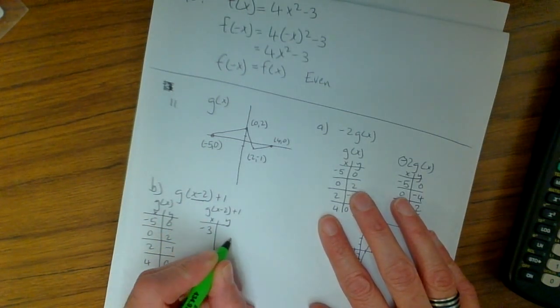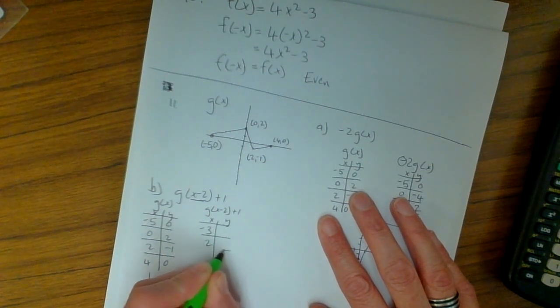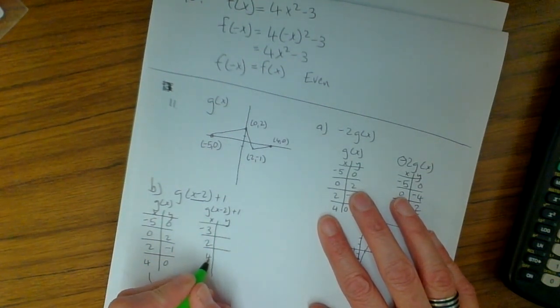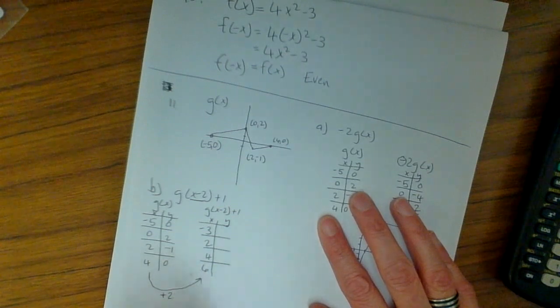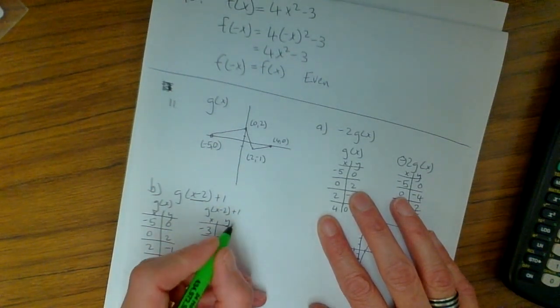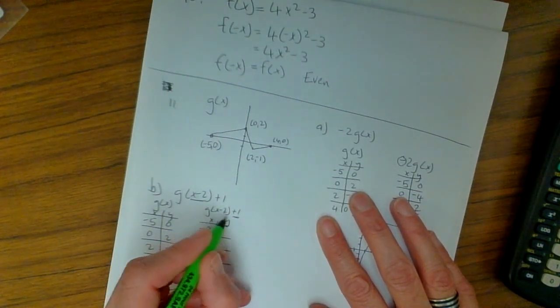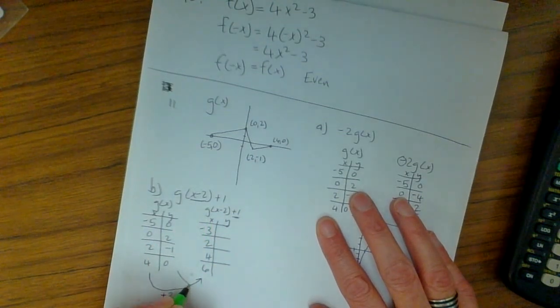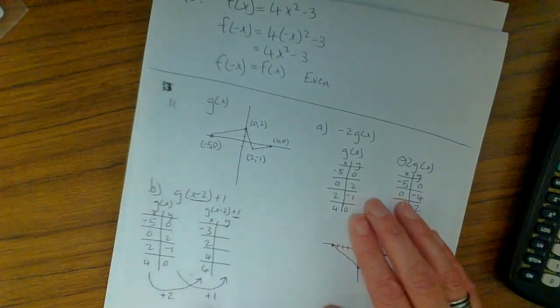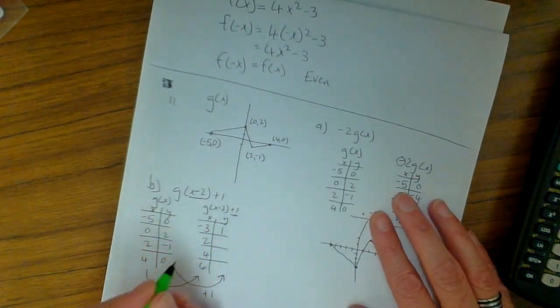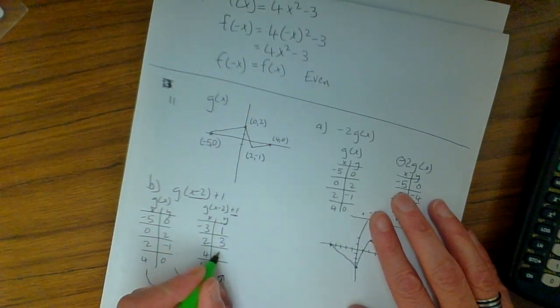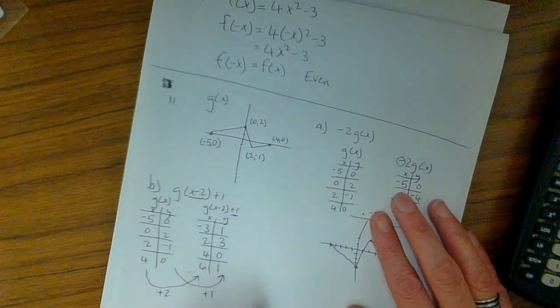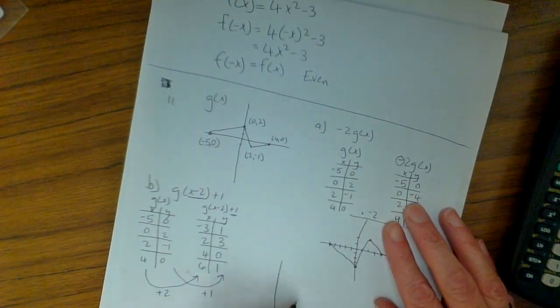So the negative 5 becomes a negative 3, 0 becomes 2, 2 becomes 4, and 4 becomes 6. The plus 1, that happens after I've done the function. So that changes the y's, and they're direct effects. I just add 1 to all the y's. So 3, 0, 1. So now my graph looks like this.